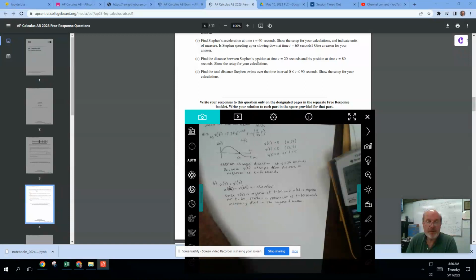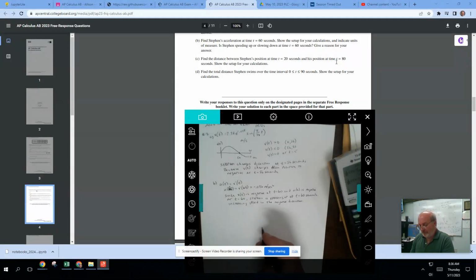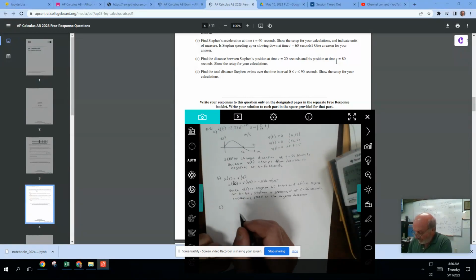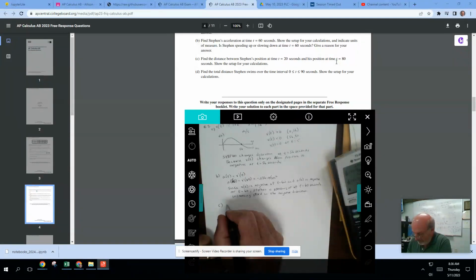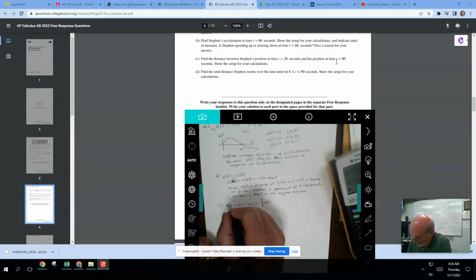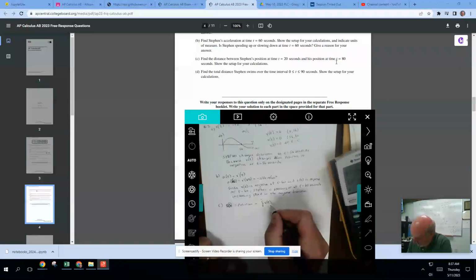Part C, find the distance between Stephen's position at t equals 20 and his position at t equals 80. Okay, so his position, we'll call it S of t, is equal to the integral of v of t from 0 to some x.